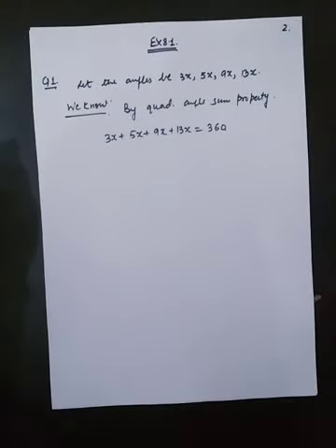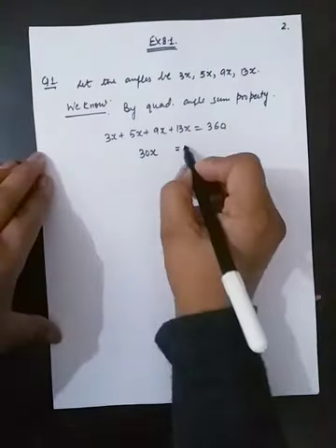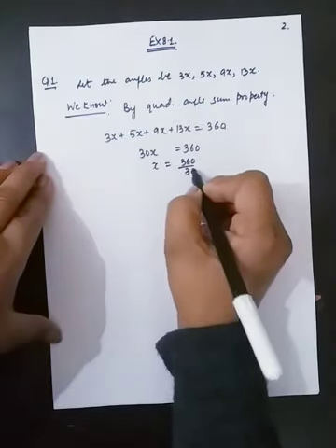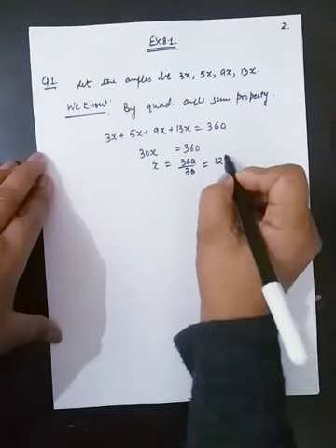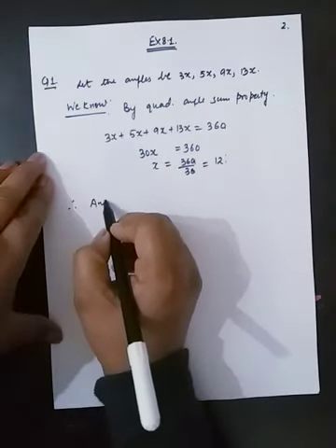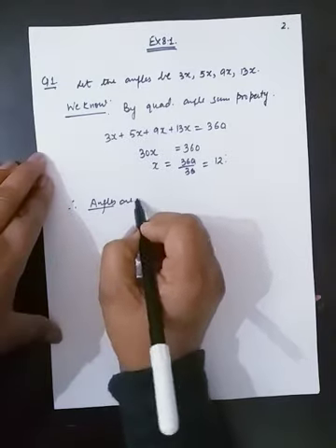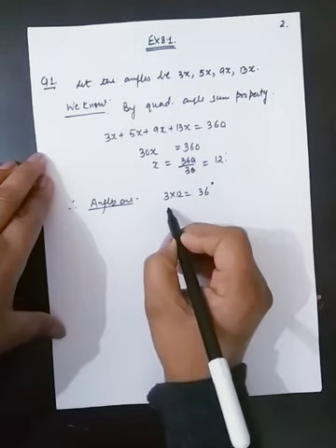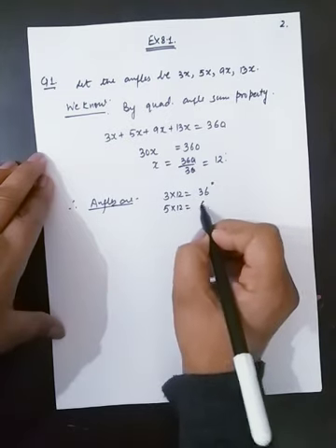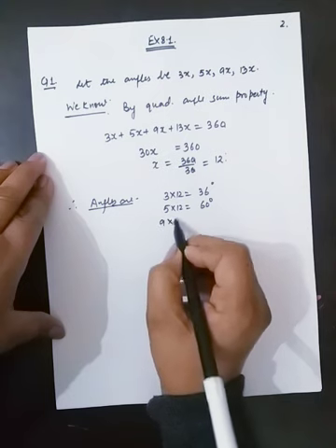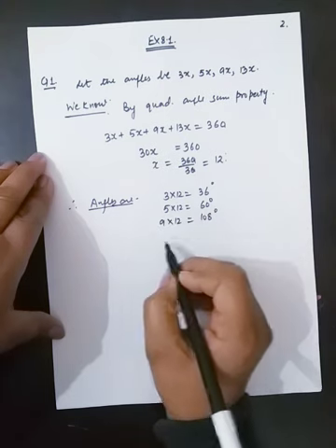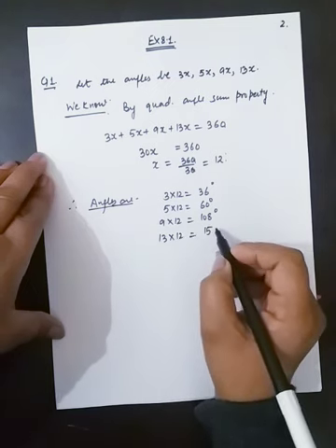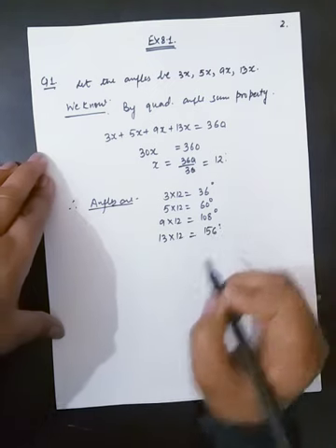By adding these, we get 30x is equal to 360 and we get that x is equal to 360 by 30 and x is equal to 12. So angles are, what will be the angle? First angle 3 into 12, 36 degree. Second angle 5 into 12, 60 degree. Third 9 into 12, 108 degree. And 13 into 12, 156 degree.